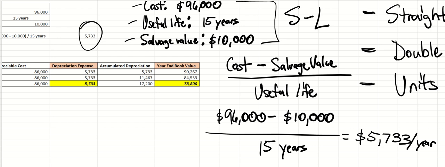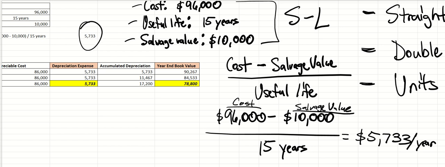Now let me go back up here to this formula that has the amounts on here. So you notice the cost is 96,000, okay? But you also notice that this 96,000 is being subtracted from the salvage value. Why is that? The reason is because if you know that you can get $10,000 for it, which is the salvage value, then you cannot depreciate below $10,000.